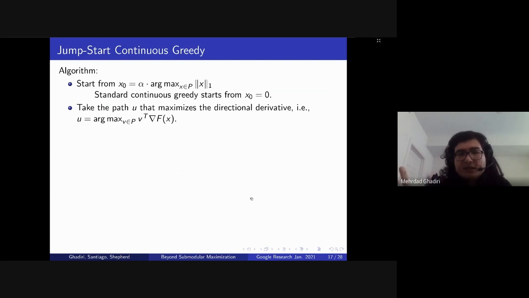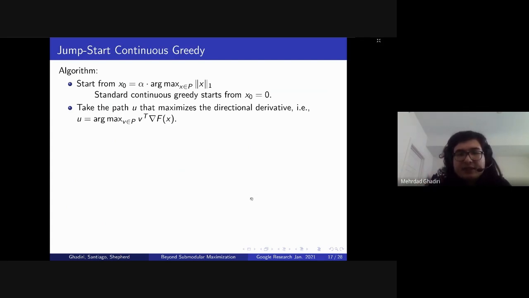I pick the longest vector in terms of the L1 norm in that polytope, and I multiply that vector by some constant between 0 and 1. And I start from that vector. In a standard continuous greedy, they just start from point 0, the origin of the space.